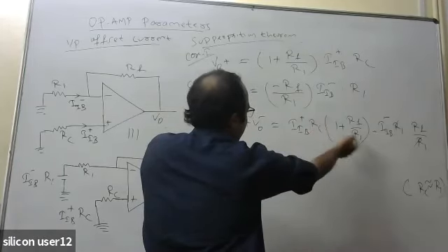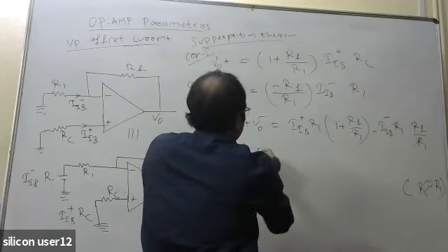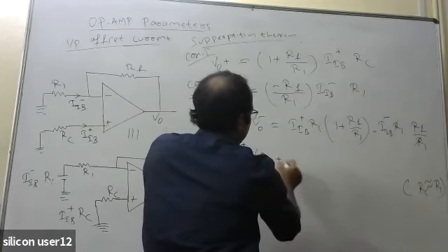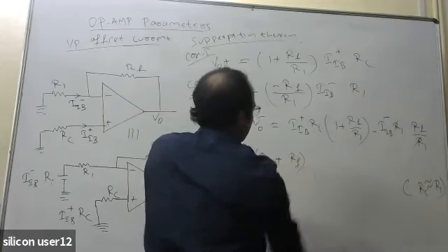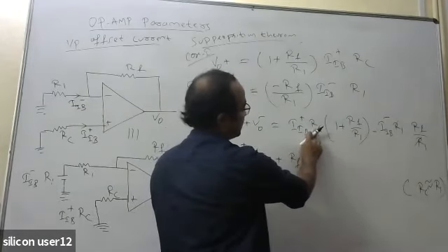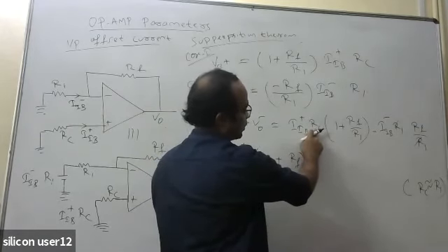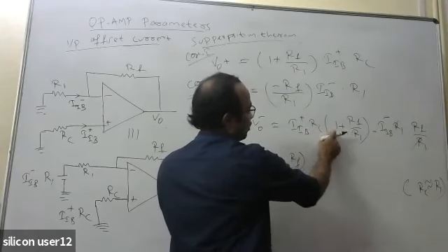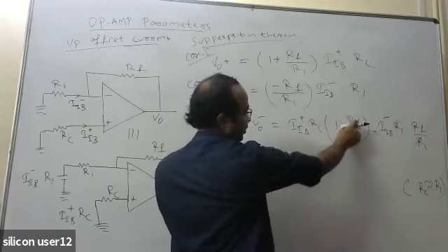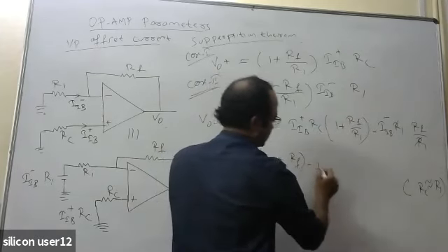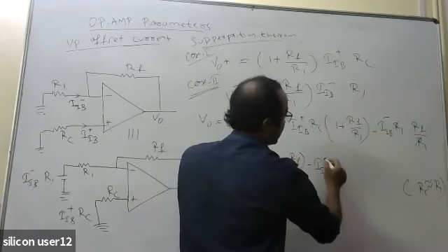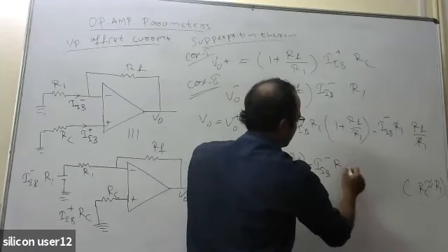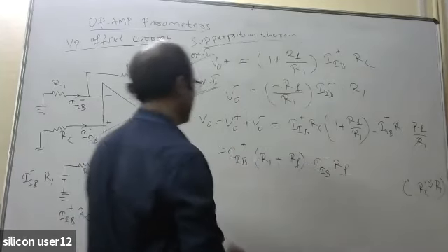So R1 goes inside the bracket, R1 plus RF. The R1 cancels, so it becomes RF, minus IIB minus RF.